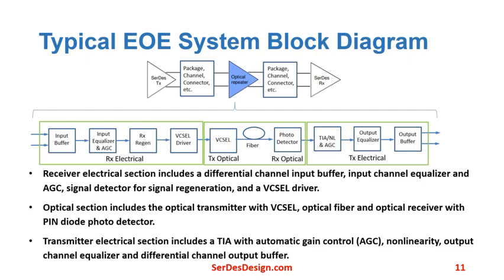The optical section includes the optical transmitter with VCSEL, the optical fiber and optical receiver with pin diode detector. The transmit electrical section includes the TIA with automatic gain control, nonlinearity, and output channel equalizer and differential channel output buffer.